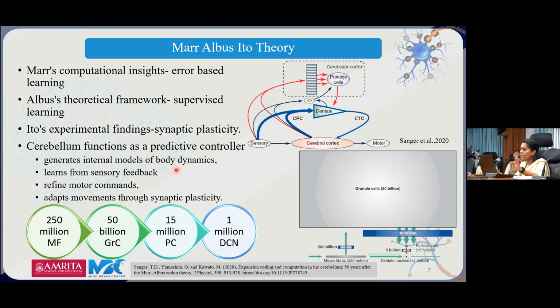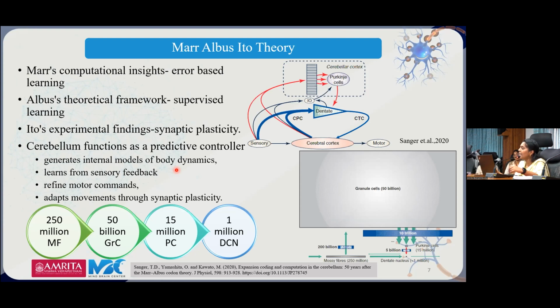The neuron numbers also matter. In Marr's 1969 paper, he said that around 250 million mossy fibers give sensory input to around 50 billion granule cells, which is very huge.